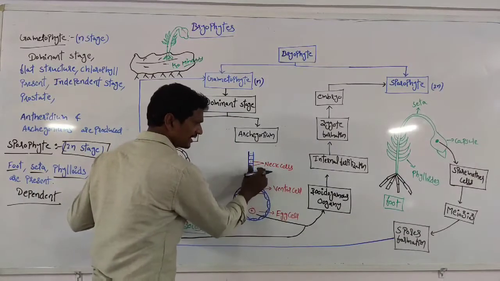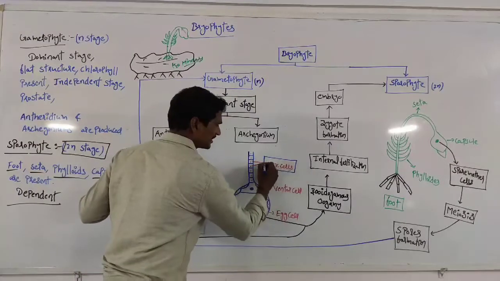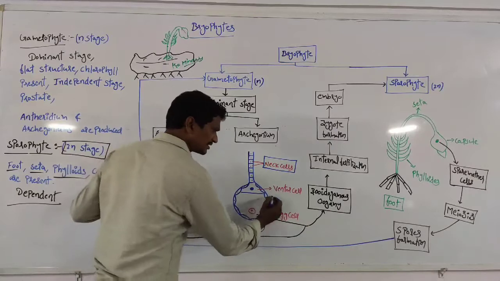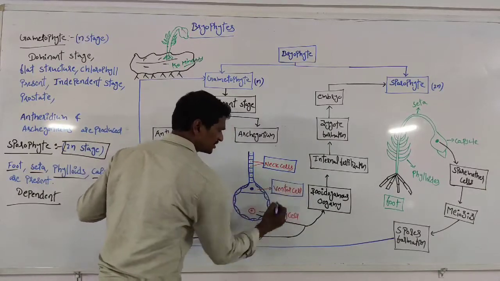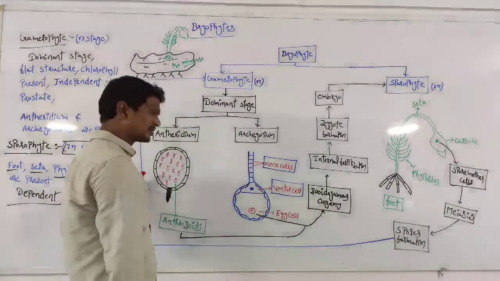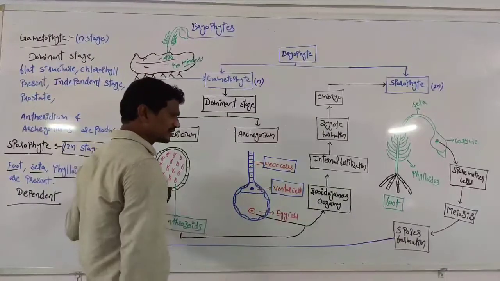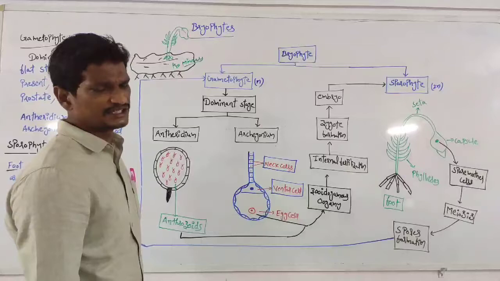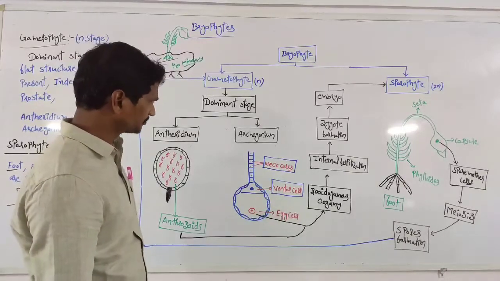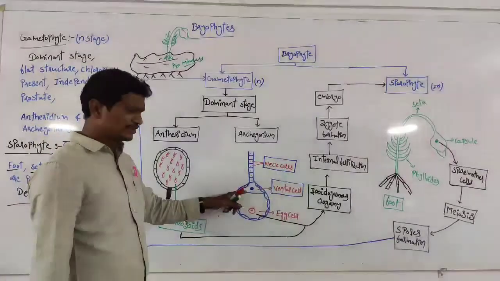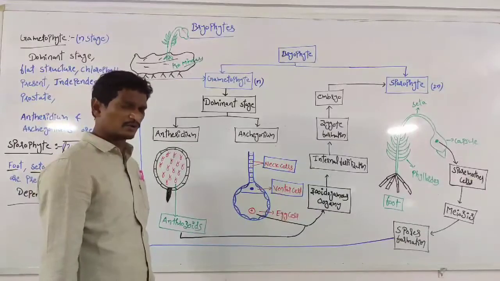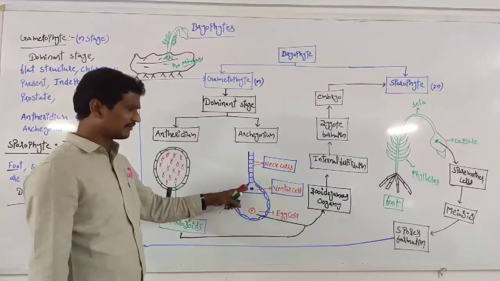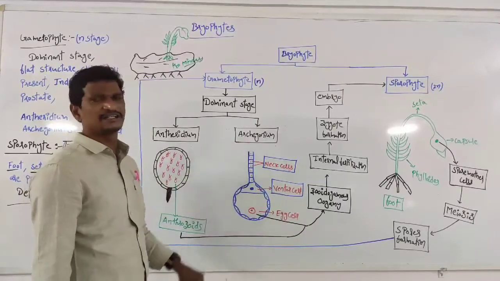It contains the neck cells, and below the neck cells there is a ventral canal cell, and below the ventral cell, the egg cell is present.